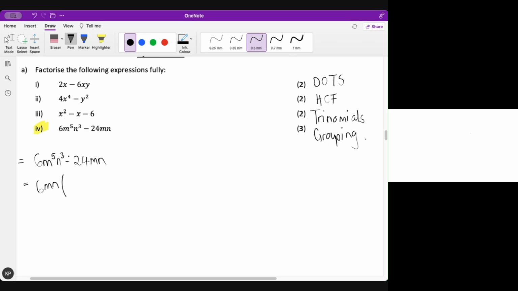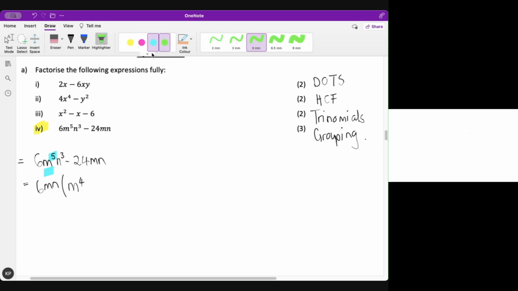Okay. Now, in my first term, what's left number-wise if I take out the 6? Anyone? A 1 is left. Beautiful. Now we move on to the M's. I've taken out 1 and there were a 5, so I still have 4 left.